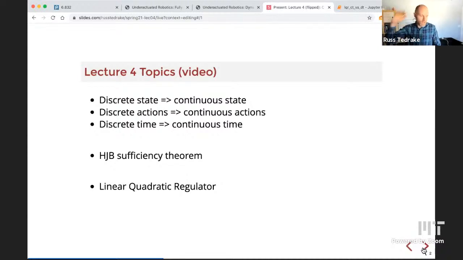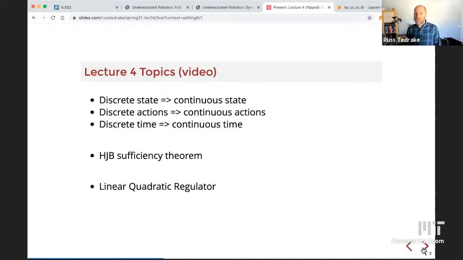And we did it in parts from continuous states, and then continuous actions, and then continuous time. In continuous time, we got this beautiful equation, which is the Hamilton-Jacobi-Bellman sufficiency theorem, which says roughly that if your gradients match this condition that we wrote down on the board, then that's a sufficient theorem for optimality.